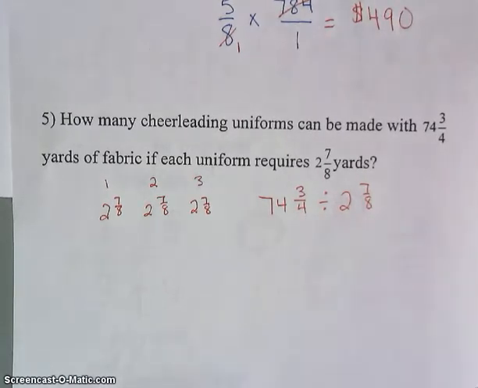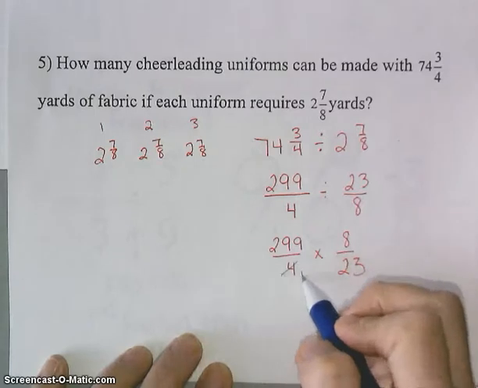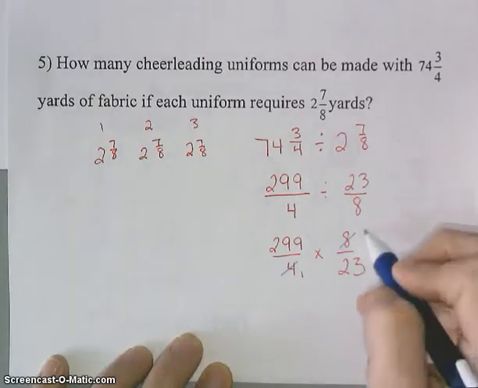So go ahead, take a moment, pause the video, and solve that question. Okay, welcome back. Well, I'm going to pick us up back here. I changed these to improper fractions, and now I'm going to flip and multiply. Now let's just review some cross-canceling. I want to say 4 goes into 4 once, and 4 goes into 8 2 times.